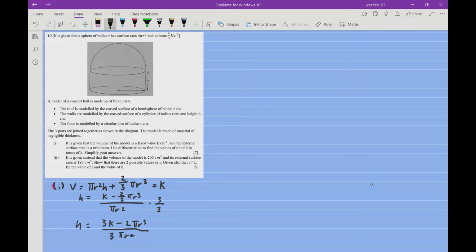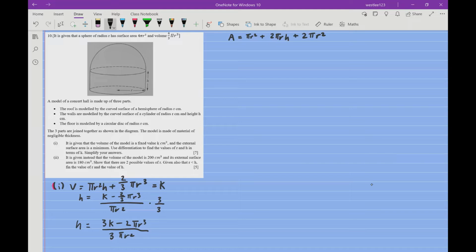The next thing that we need to find is the surface area. So surface area equals pi r squared. This pi r squared is the area of the circular disc at the base, plus 2 pi r h. This is the curved surface area of the cylinder, plus 2 pi r squared.